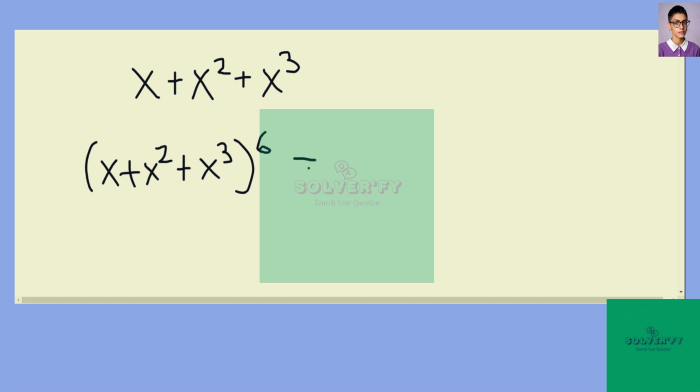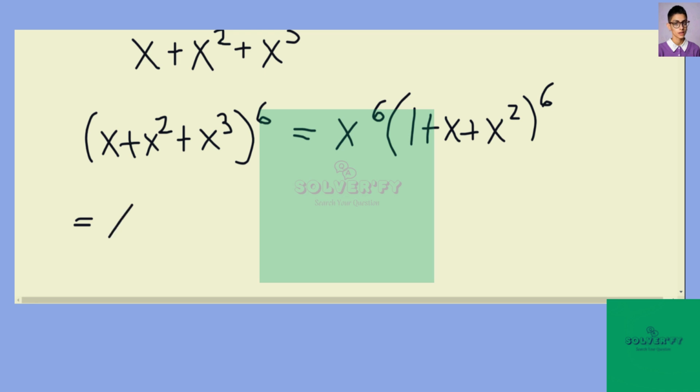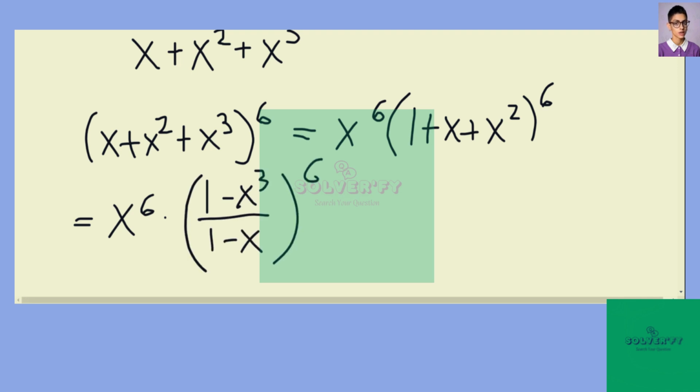This can be written as x to the 6th times 1 plus x plus x squared to the 6th power, which can further be simplified to x to the 6th times 1 minus x cubed over 1 minus x to the 6th power.